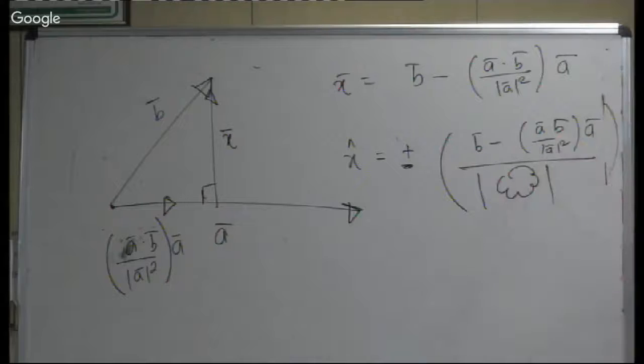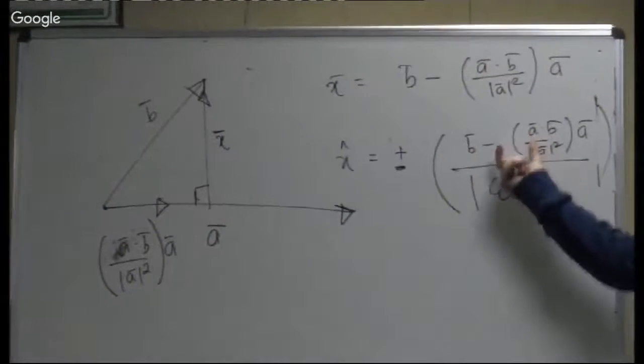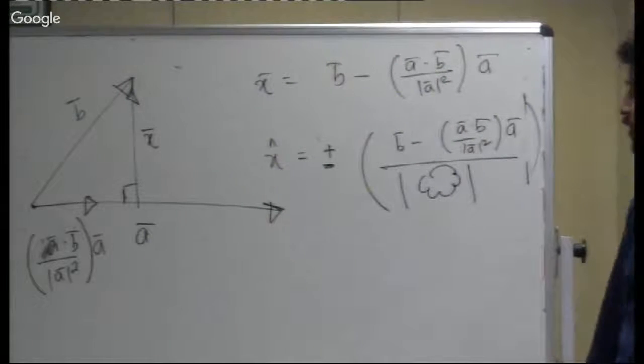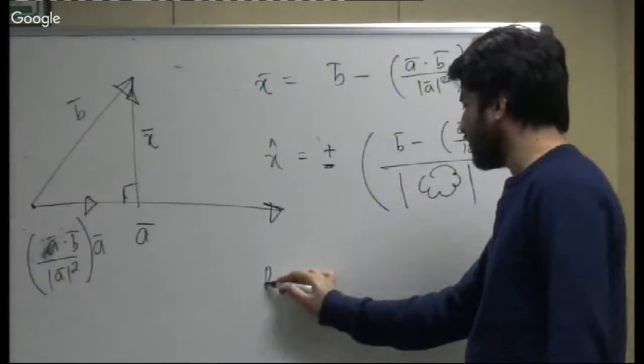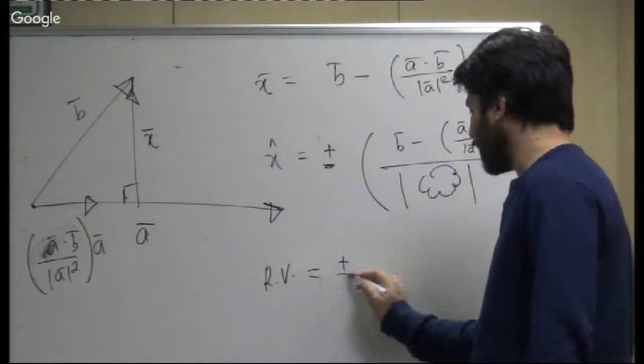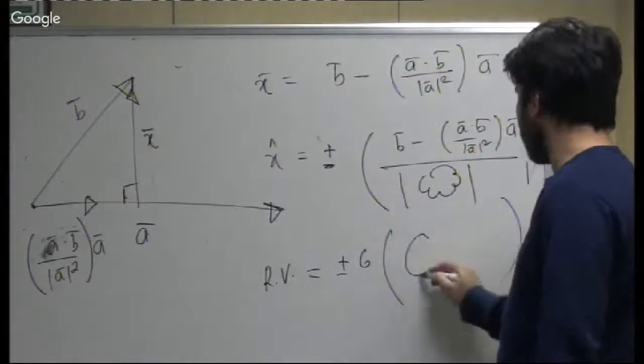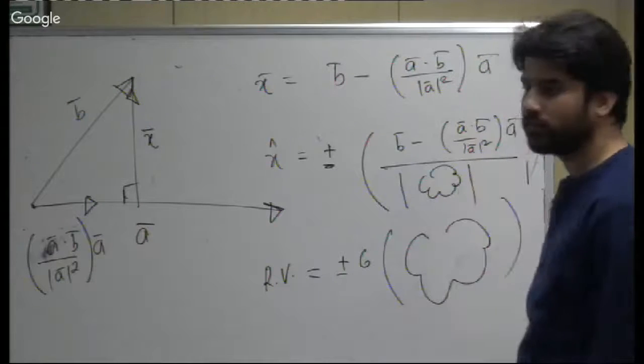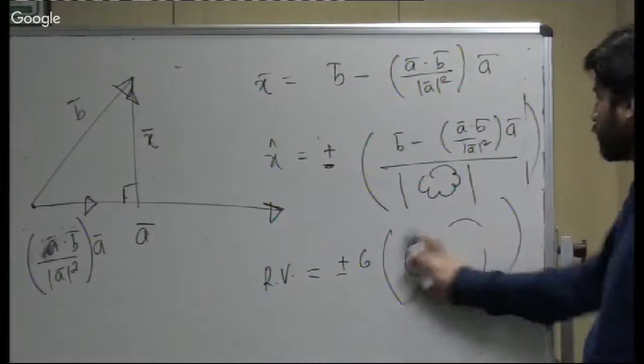This is the way we find the unit vector: the vector upon the mod. So finally, my resultant vector is going to be plus minus 6 of this. Get the idea? This whole thing.